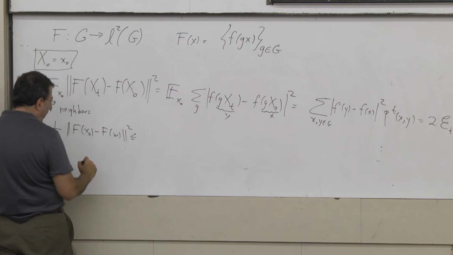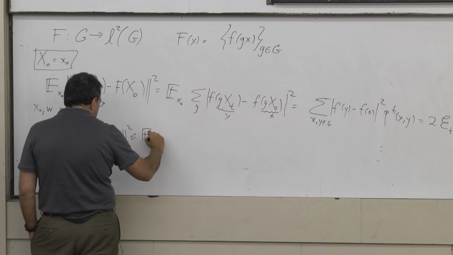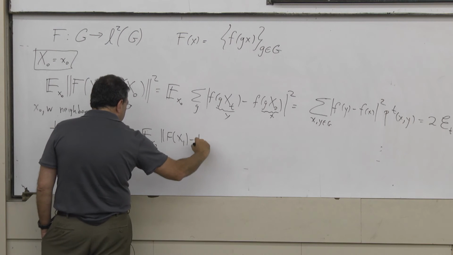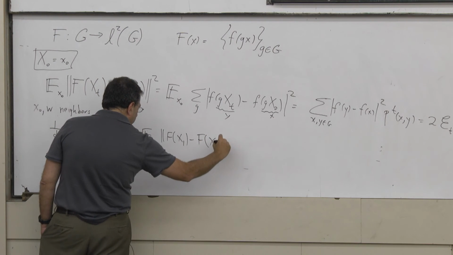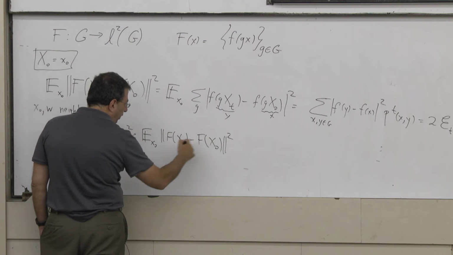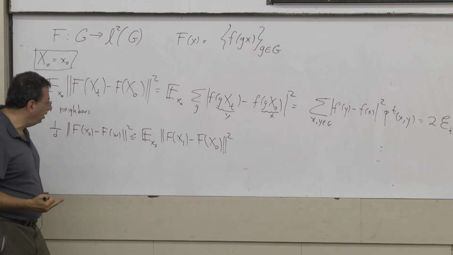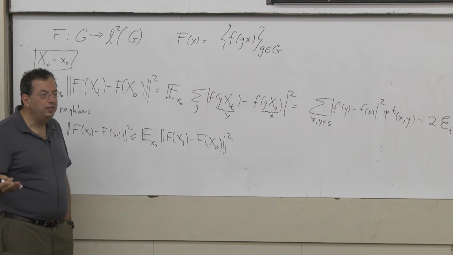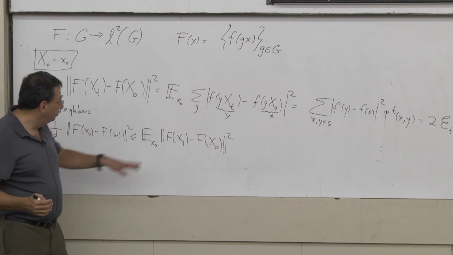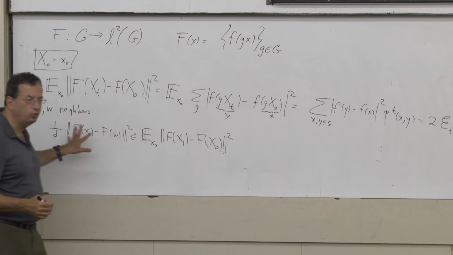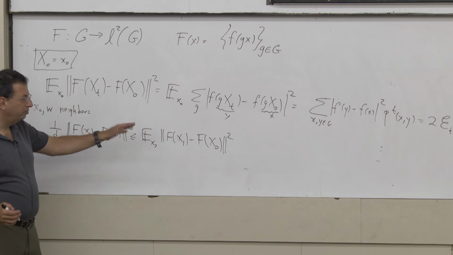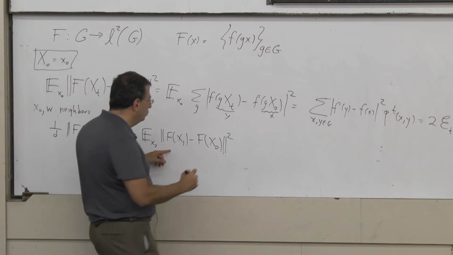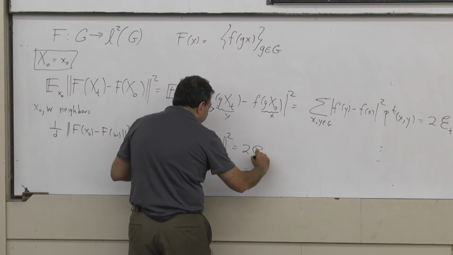Well, this is less than the expectation, starting from x0, of norm f(x1) minus f(x0) squared, because when I calculate this, one of the choices of x1 is this w, and it is taken with probability 1 over d, because I'm doing simple random walk. So this expression is just a sum, and this is one of the terms in the sum. So I have a sum of positive terms, so this inequality holds. And this is just what we just calculated for t equals 1. So this is twice E1 of f.